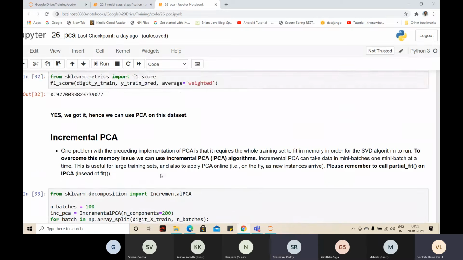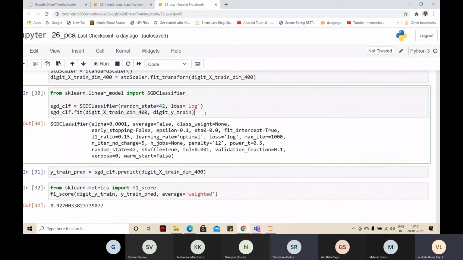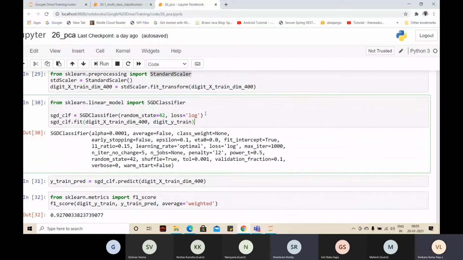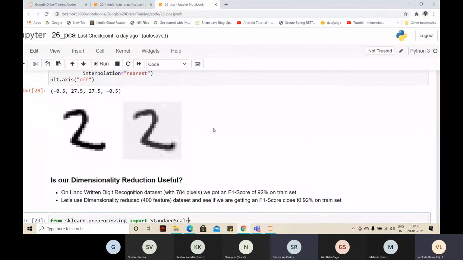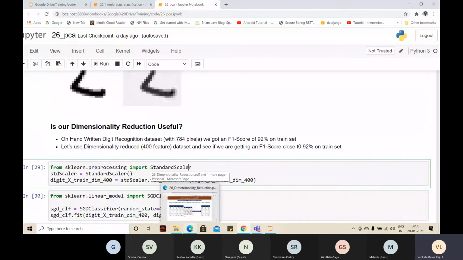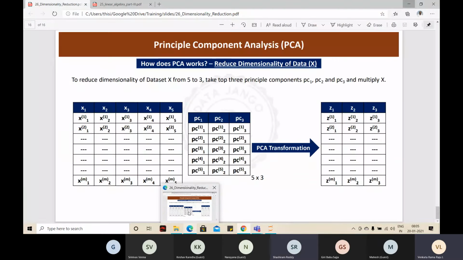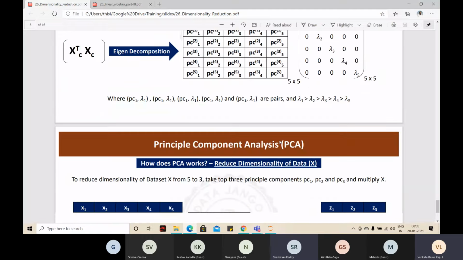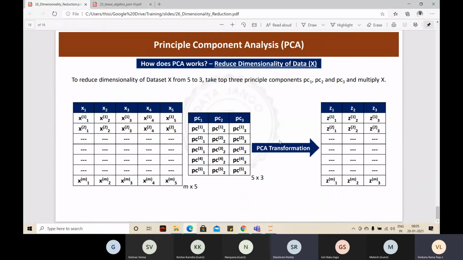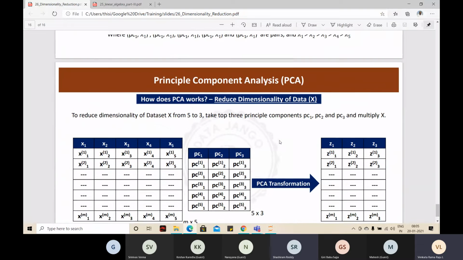So there is one question, sir. In between, we said that once we calculate the matrix, should I go back to the notes? Yeah.